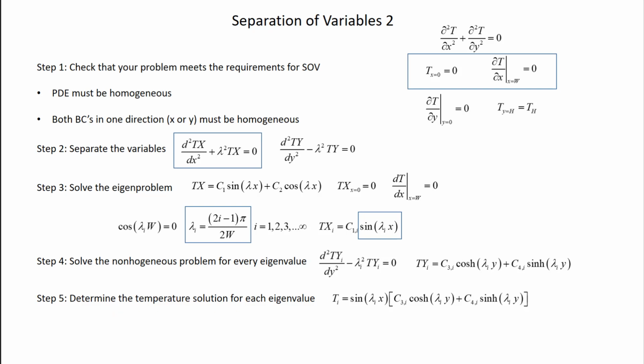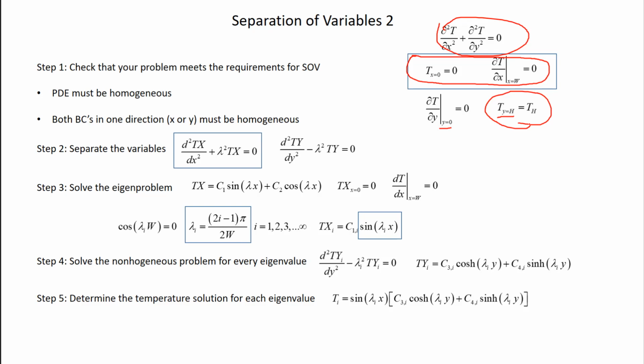We had a homogeneous partial differential equation, and then we had homogeneous boundary conditions in one direction, and that direction was x. You can see that right here. Both of these two boundary conditions are homogeneous, which made x our homogeneous direction. And then we had non-homogeneous boundary conditions in y, at y equals 0 and y equals h. This one in particular was non-homogeneous. So y was our non-homogeneous direction.